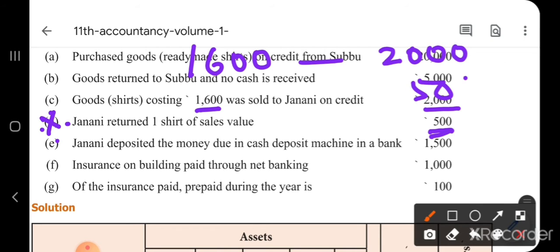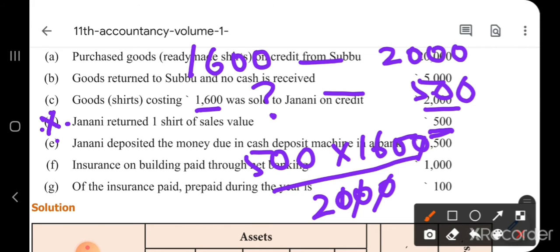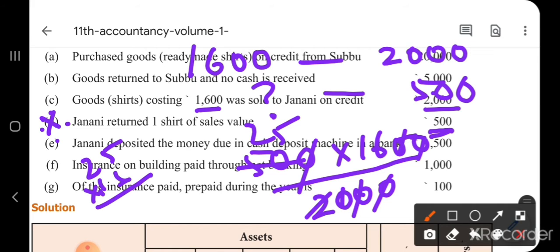Stock worth rupees 500. That means what is the cost of these goods? 500 into 1,600 divided by 2,000. That is 25 into 16.